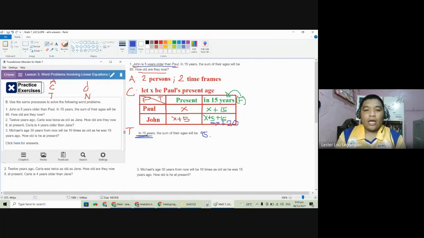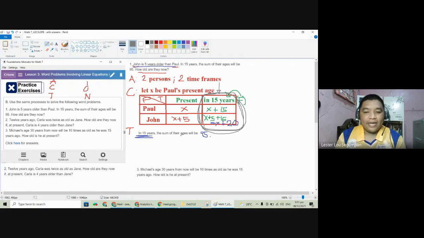In short, the column that we are going to focus on is not this column here, but the column in 15 years. So I'm going to highlight this so that you would know that in our translation, we are going to use the representation in this column, not including X, not including X plus 5, because this is where the statement falls, in 15 years.